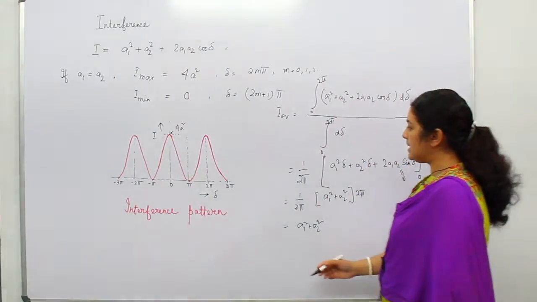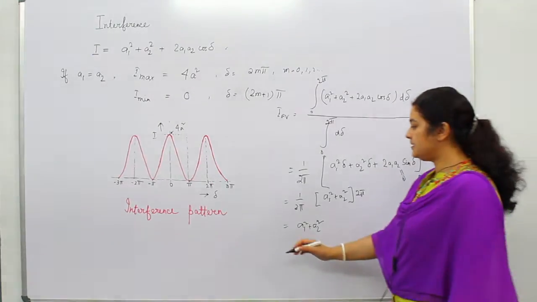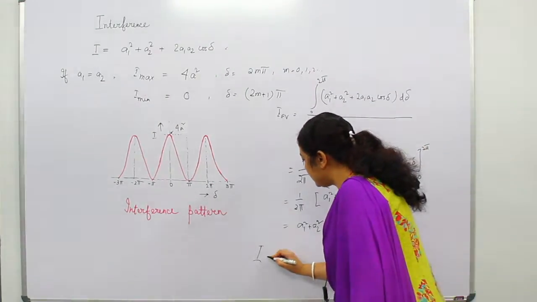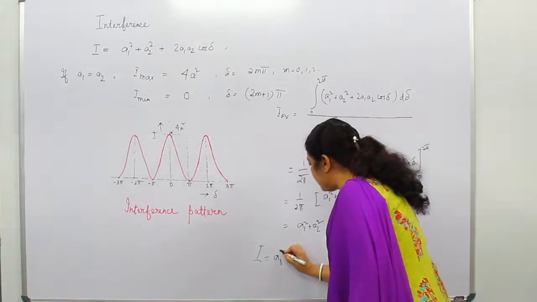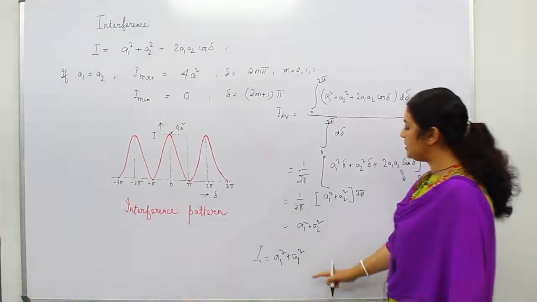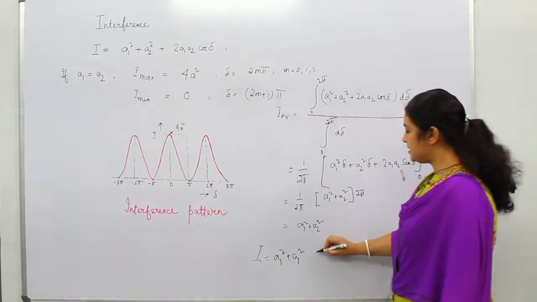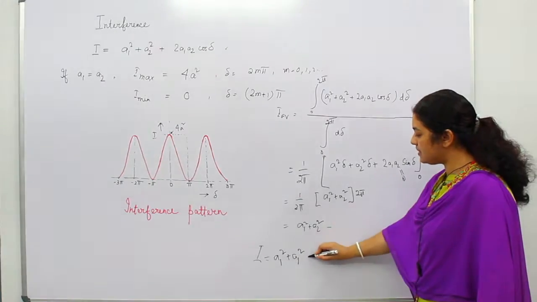Again, when the two waves do not interfere, the intensity is just the sum of the squares of the amplitudes of the individual waves. See, these two are equal.